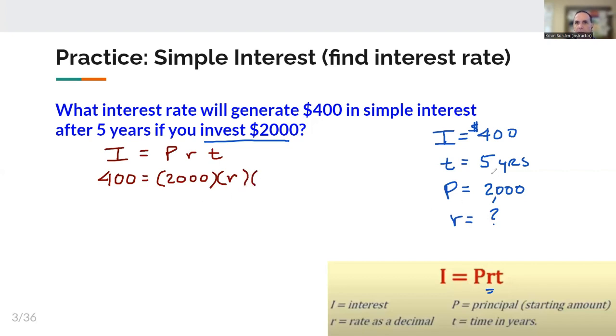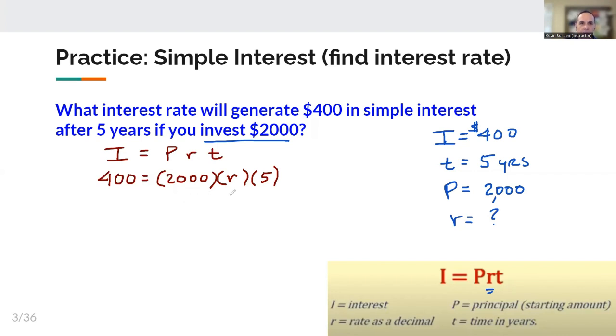And our time is 5 years, or 5. All right, so this is where we have to use some algebra in order to figure this out. What we need to do is get R all by itself. Now, we haven't really covered that in this class yet. It's going to come in a few weeks, but we can just do some basic algebra here.